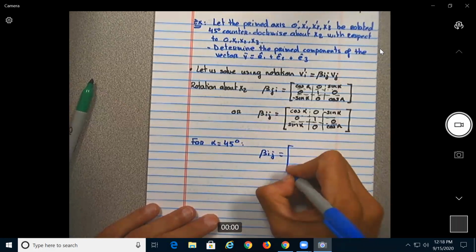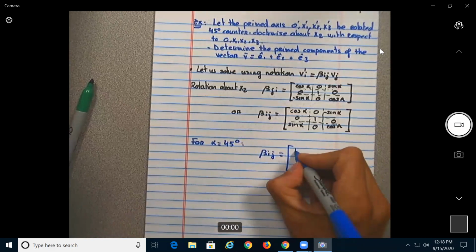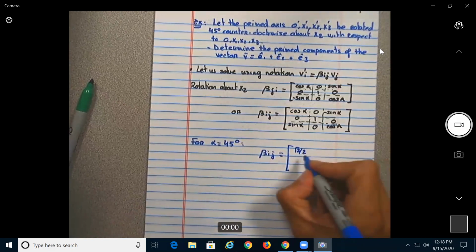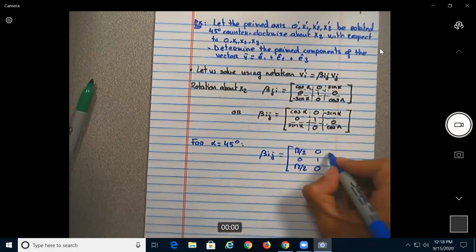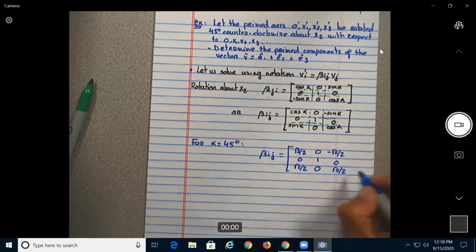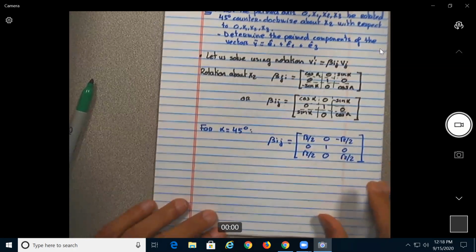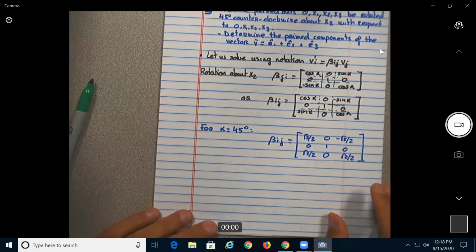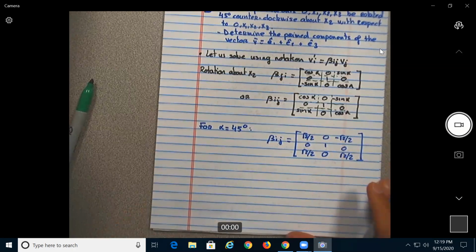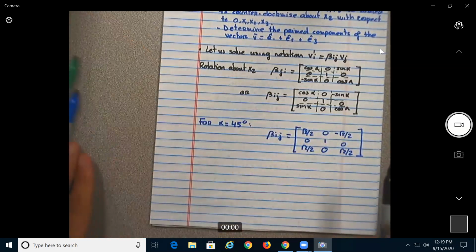So cosine 45 will be square root of 2 over 2, 0, square root of 2 over 2, 0, 1, 0, minus square root of 2 over 2, 0, square root of 2 over 2. Almost done with this one. So now we can substitute back into this equation.